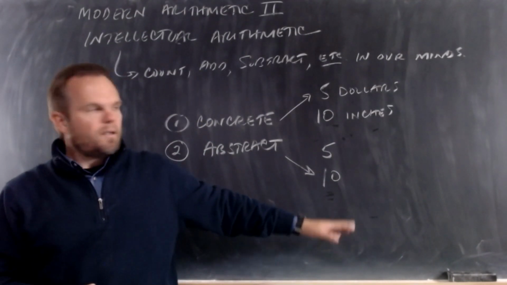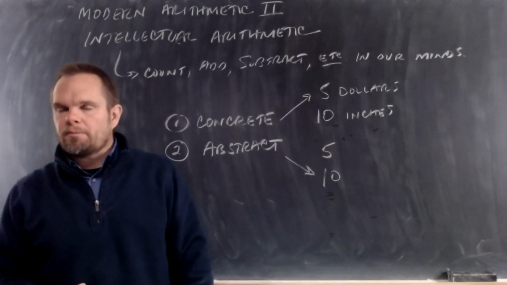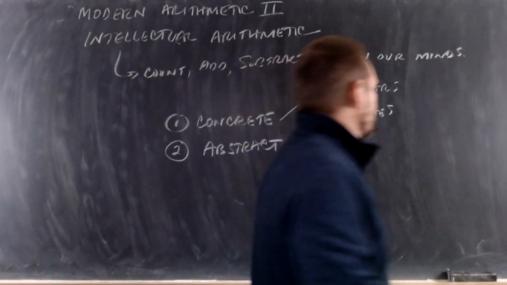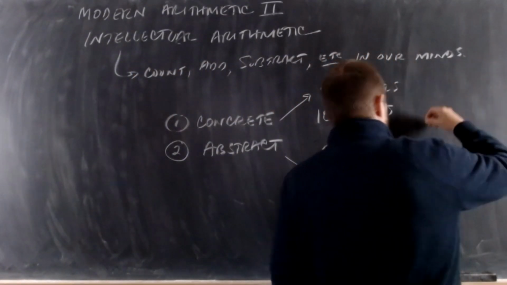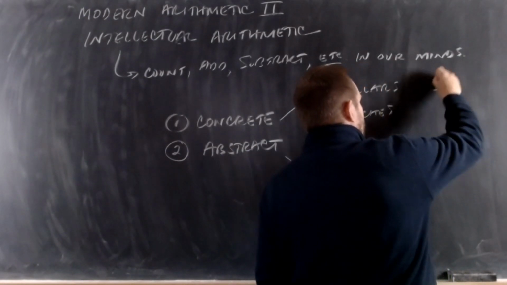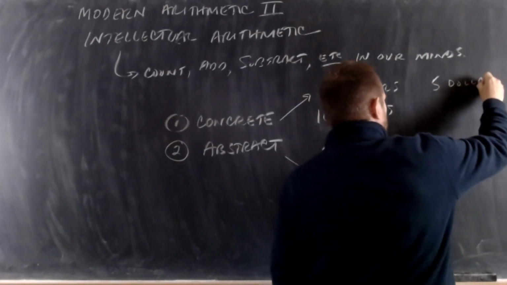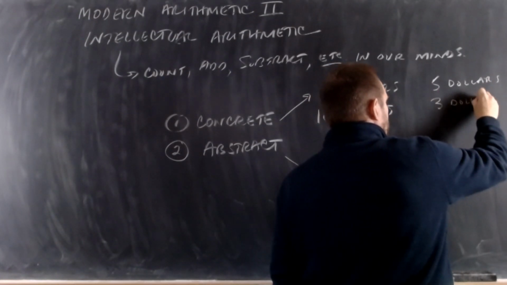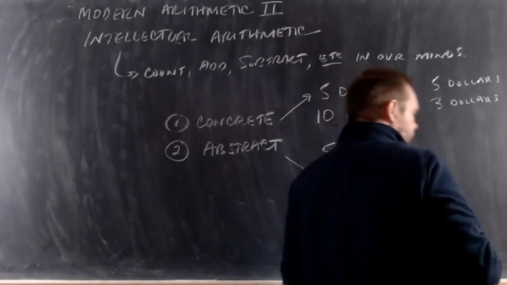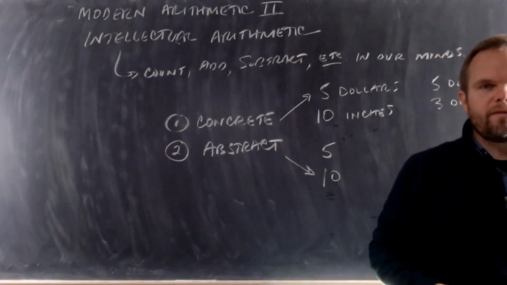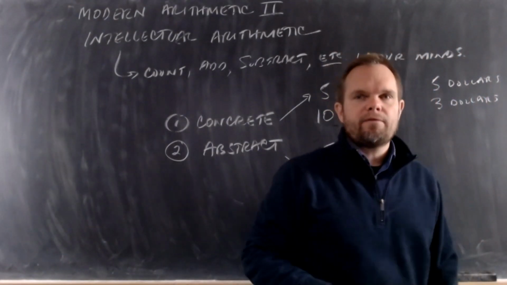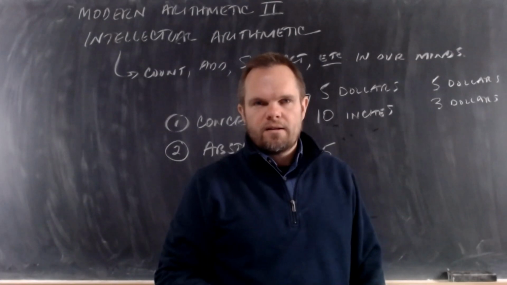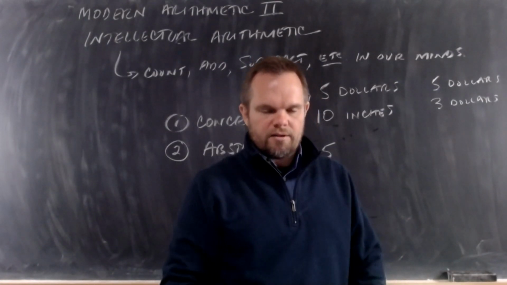Okay? So if I wanted to add in arithmetic 1, I would say something like, Joseph had $5 and his grandmother gave him $3 more. How many dollars did Joseph have then? I could count $5, right?